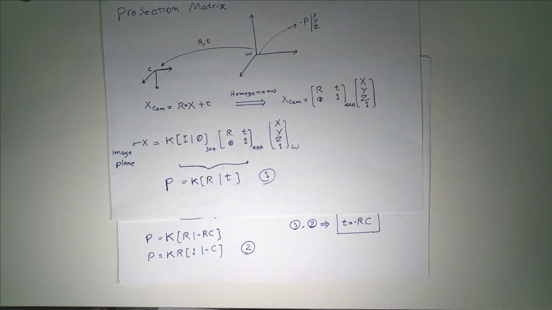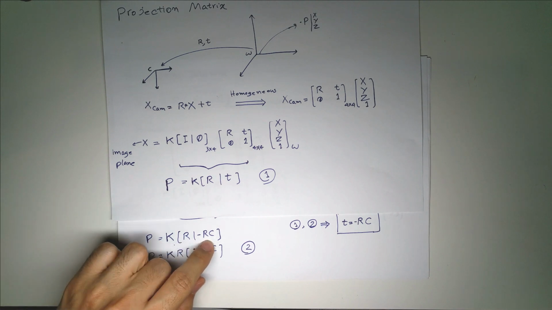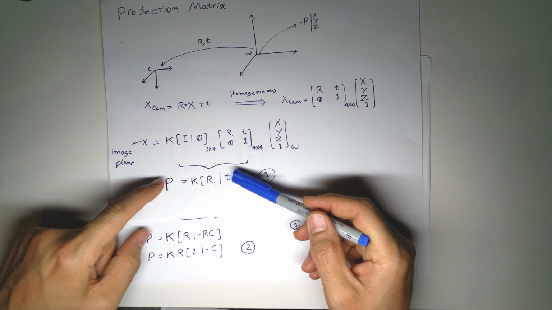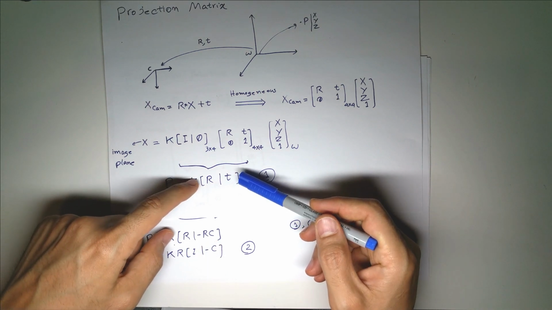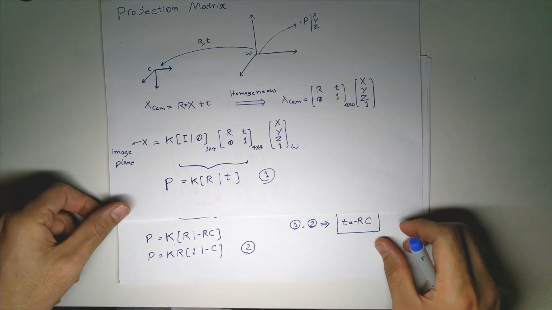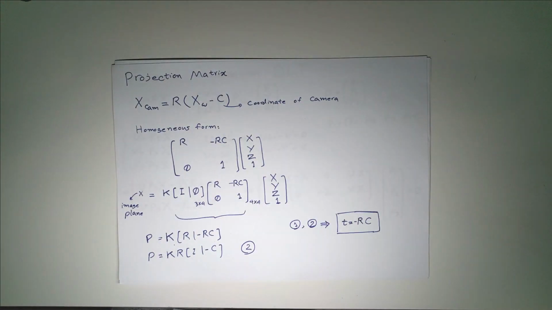So minus RC from this should be equal to T, because both of them, P, K, and then this matrix, are equal. So minus RC should be T. This is very important when you decompose your projection matrix.